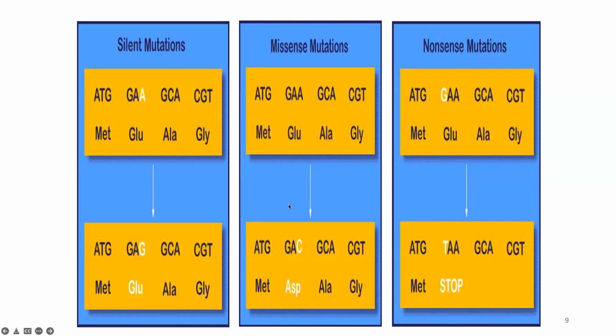For instance, here we have glutamate to aspartate, but the rest of the amino acids are the same. However, the nonsense mutation, which is the worst type of mutation, generates a stop codon, and the protein will be much shorter because none of these amino acids will be generated.